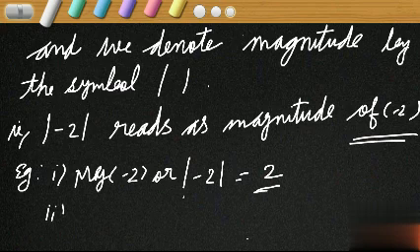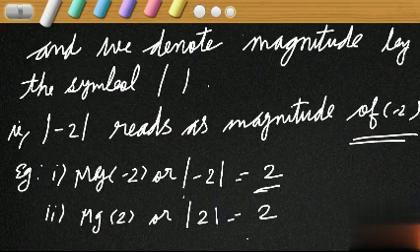Second one: magnitude of 2 is equal to 2. Is it clear? So, magnitude of a negative number is positive and magnitude of a positive number is also positive.